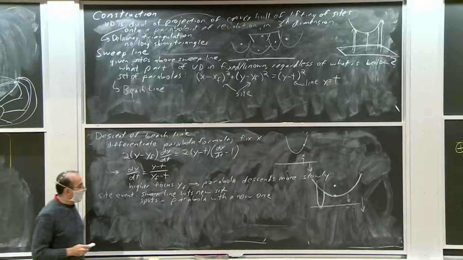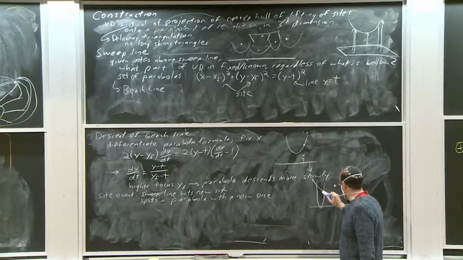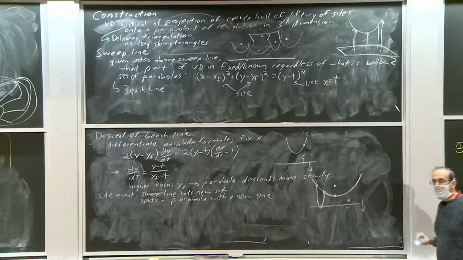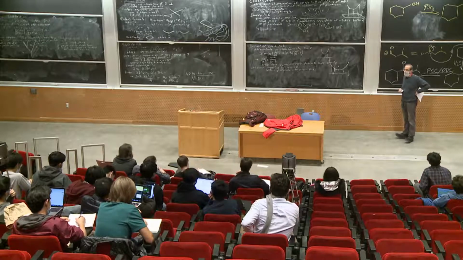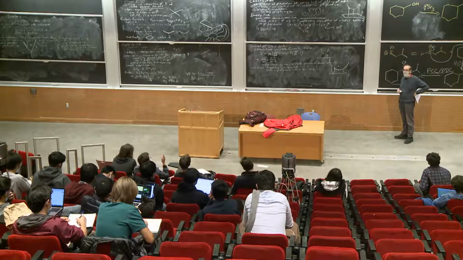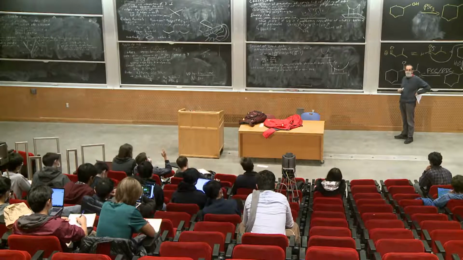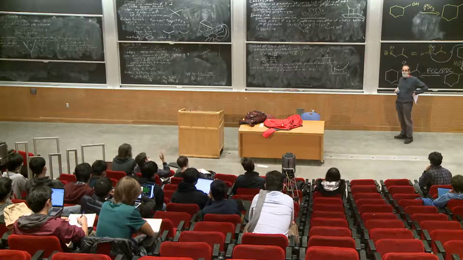Now, let me point to some interesting topological things on this parabola. We have these points which are intersections of two parabolas. What are those points? What's interesting about them? What is unusual about these points that are the intersections of two parabolas?